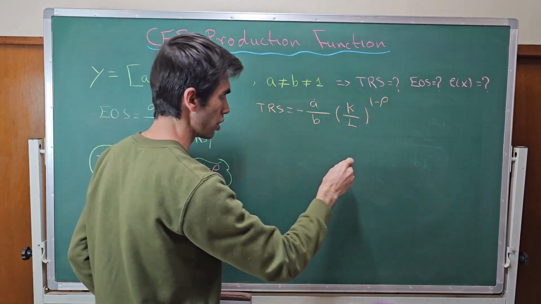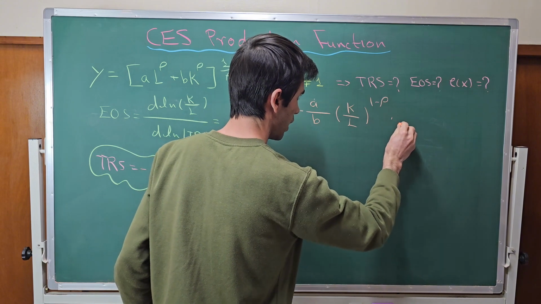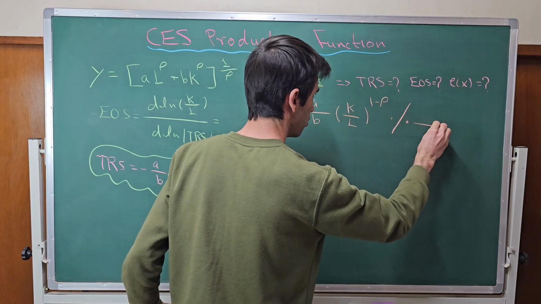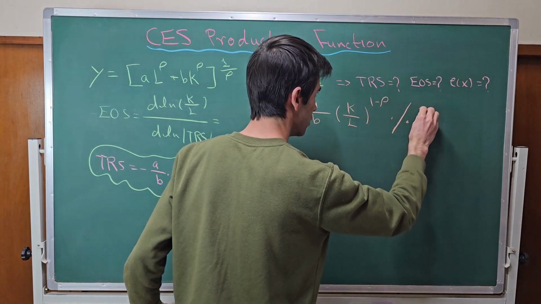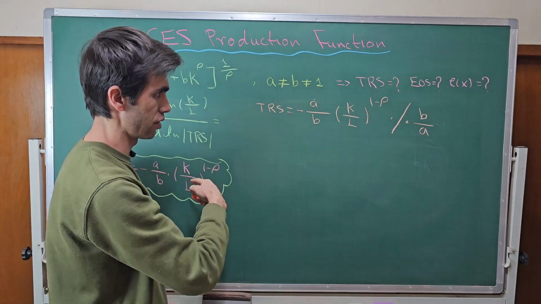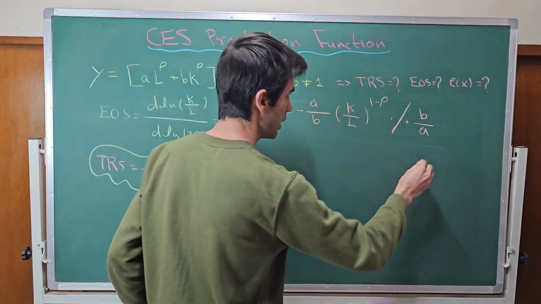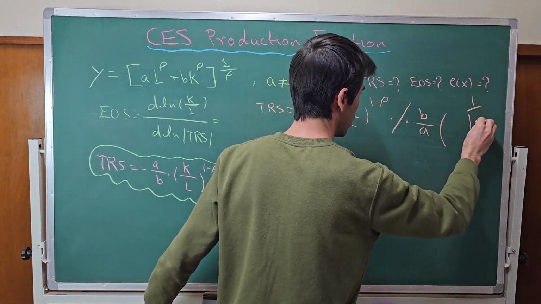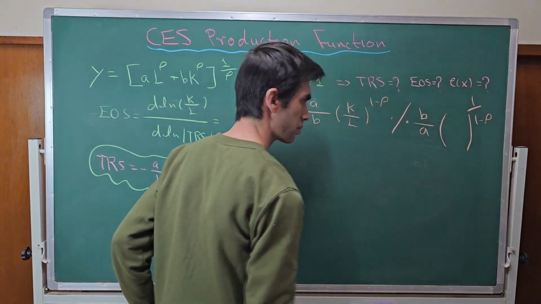What we need to do first is multiply both sides by B over A to change this one here. And also we need to raise both sides to the power of 1 over 1 minus rho.